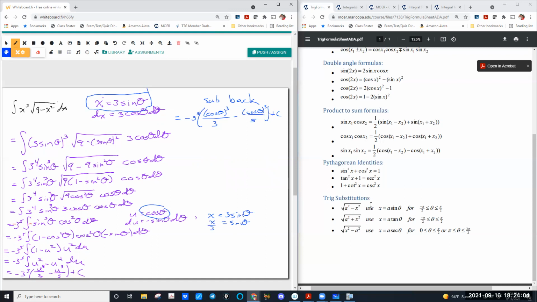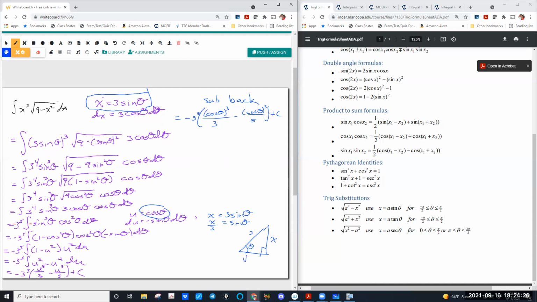To find cosine, you can either use the Pythagorean identity or you can use a right triangle. So if I were to use a right triangle, here's how this works out. So there's my right angle. I call this guy theta. Sine is opposite over hypotenuse.